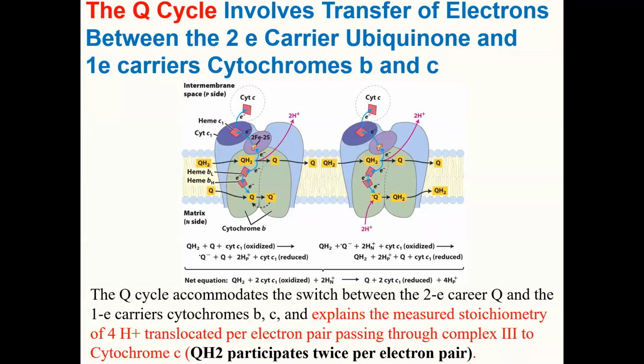Let's look at the Q cycle, how that operates. It turns out that complex 3 is a dimer. It works as a dimer, okay? And so imagine the figure I'm showing you here. Don't get too bogged down. I will walk you through every step of this complex 3. So this is the dimer you are seeing in the membrane. You can see the N side on the bottom, the P side on the top, right? And then you are seeing various protein complexes.